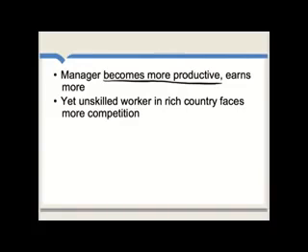Yet at the same time, the relatively unskilled worker in the rich country faces more competition because now that worker is competing with unskilled workers in China, India, and other countries. So the same technological development, information technology, is causing the income distribution to become more unequal.